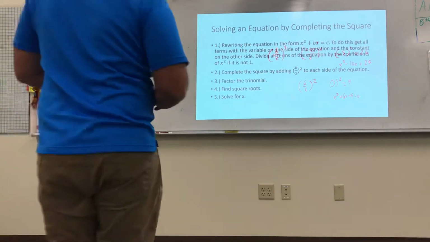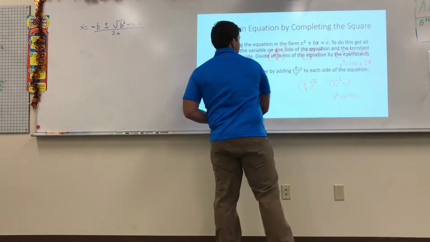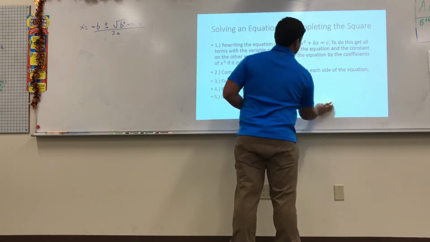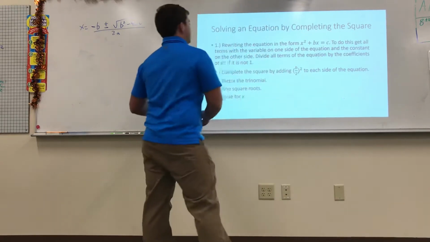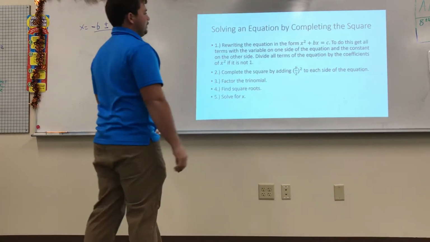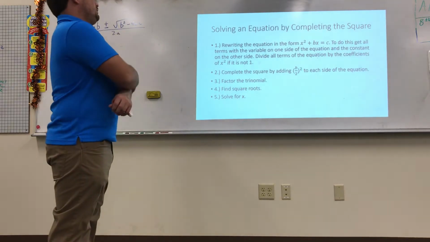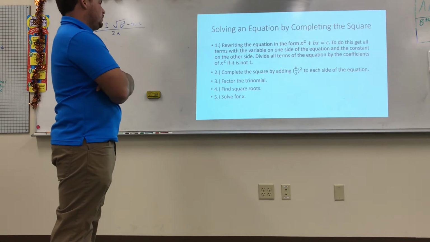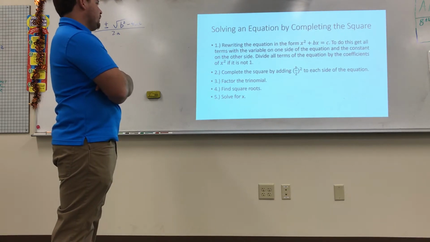Alright, solving the equation by completing the square. What is going to take place here is rewriting the equation in the form of x to the second plus bx equals c. Get all the terms with the variables on one side of the equation and the constant on the other.